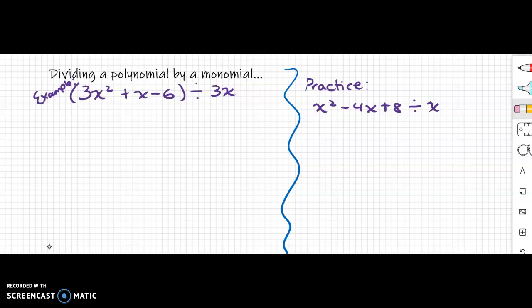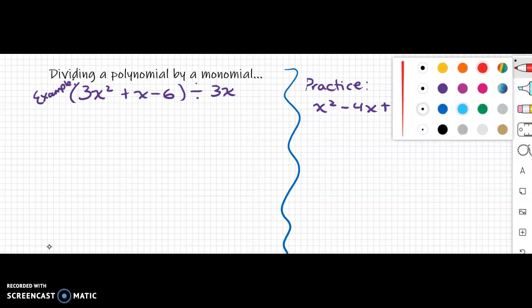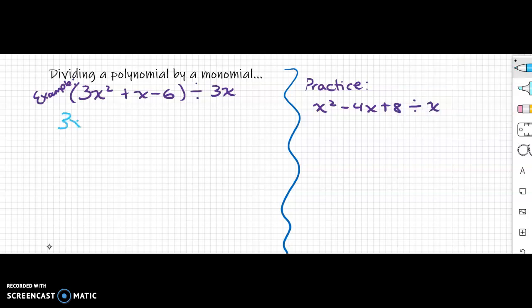I'm just going to divide every term by the monomial. So I get 3x squared divided by 3x plus x divided by 3x minus 6 divided by 3x. So again, that gets applied to each of those terms, and then I just reduce each of those terms.